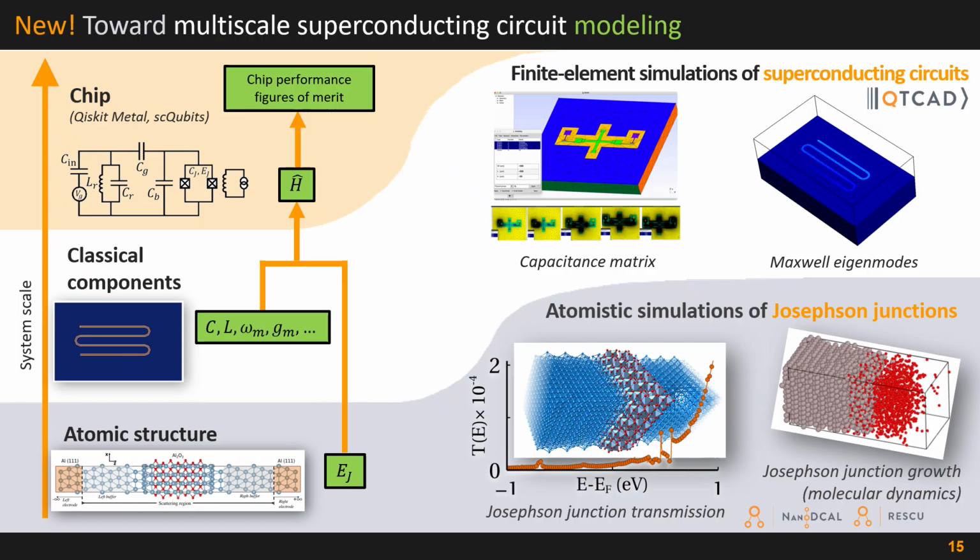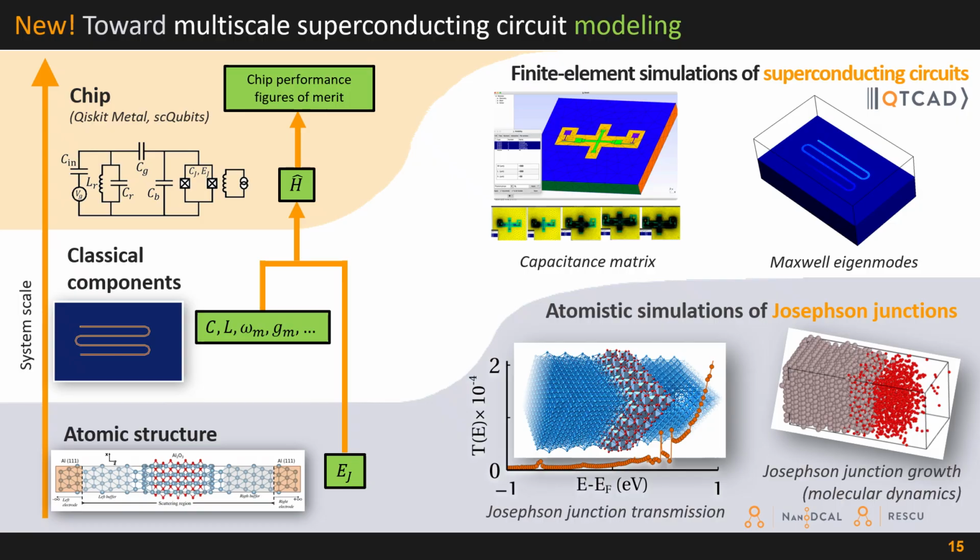However, to calculate those parameters like capacitances, inductances, or Josephson energies, a more fundamental description of the component is needed. And this fundamental description can be done at different length scales.